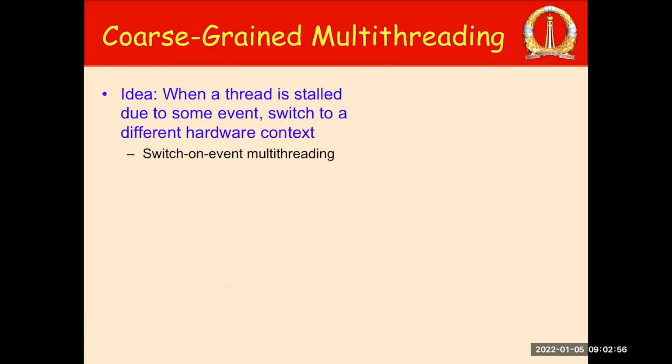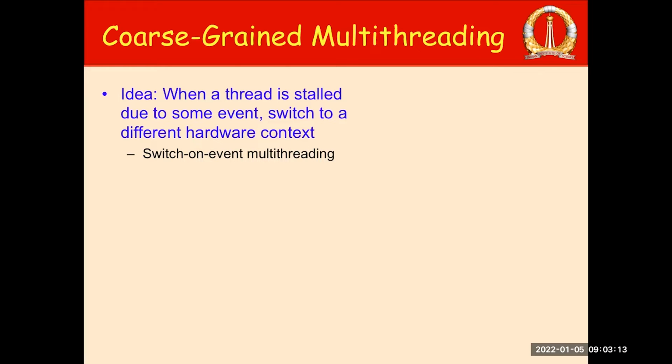Okay, so in the case of coarse grain multi-threading, when a thread is stalled on some event, a thread switch happens.